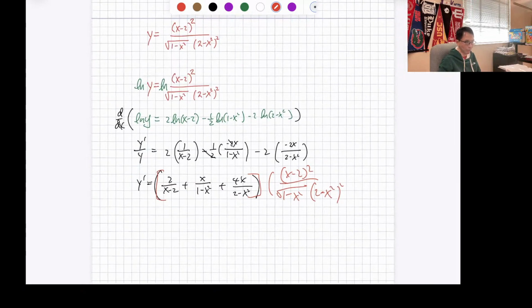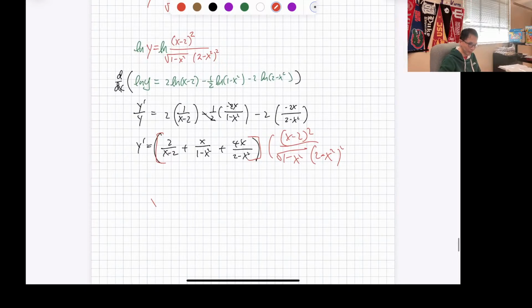Okay, so I'm going to give you a question. Y is equal to, I don't know, (x plus 2) squared times cotangent of x times the square root of 4 minus x squared.